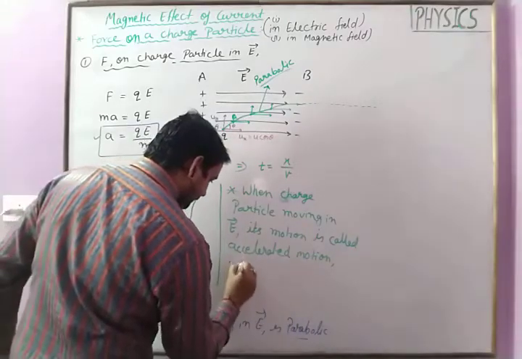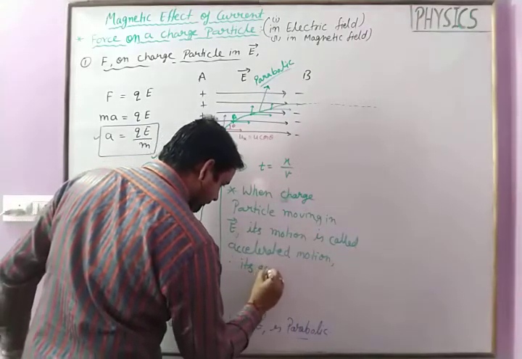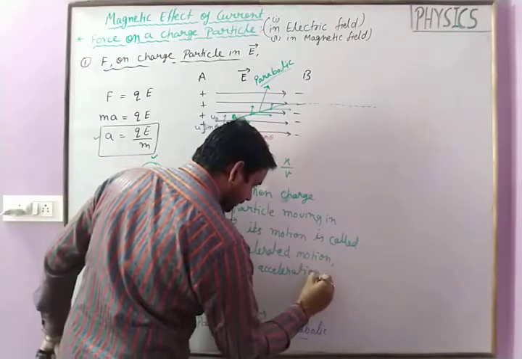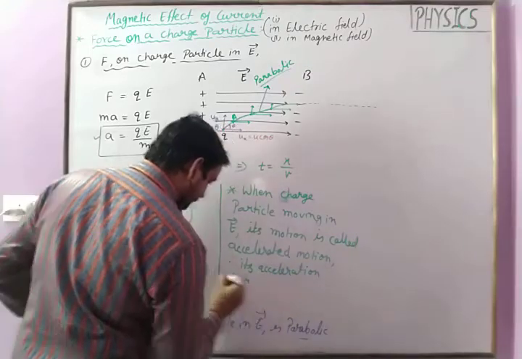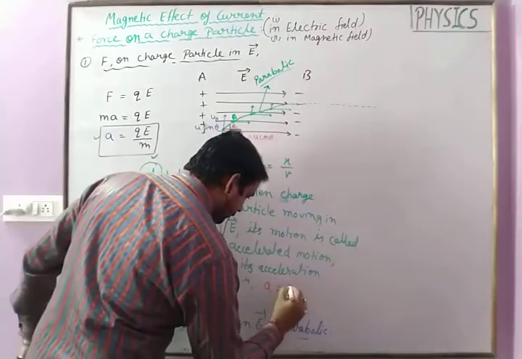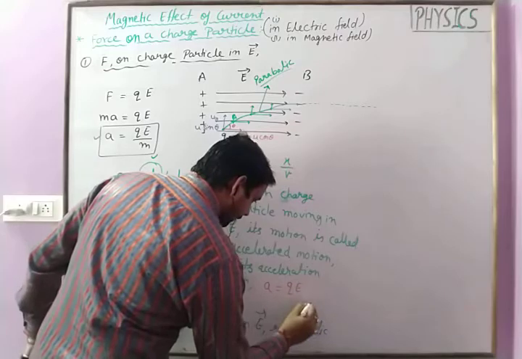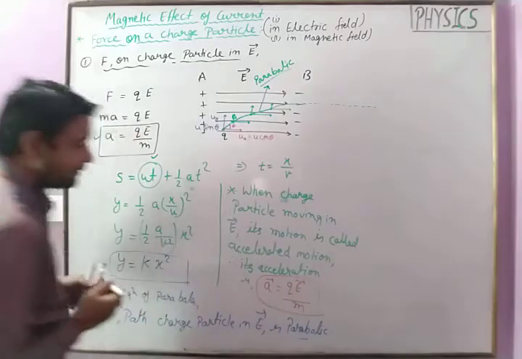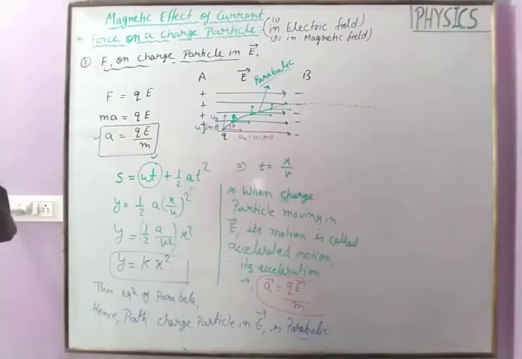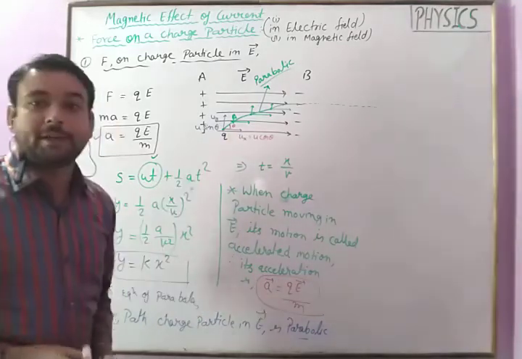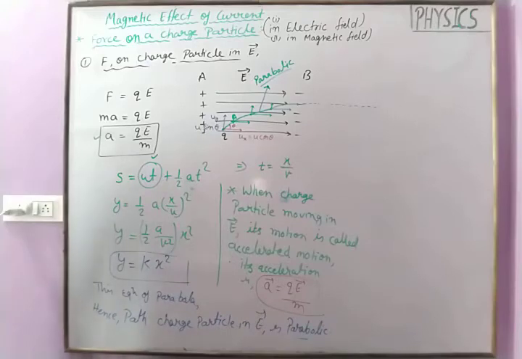Its acceleration is this value, a is equal to QE upon m, and the direction of acceleration is in the direction of force experienced by the particle, that is in the direction of electric field. This is the force experienced by the particle in the electric field.